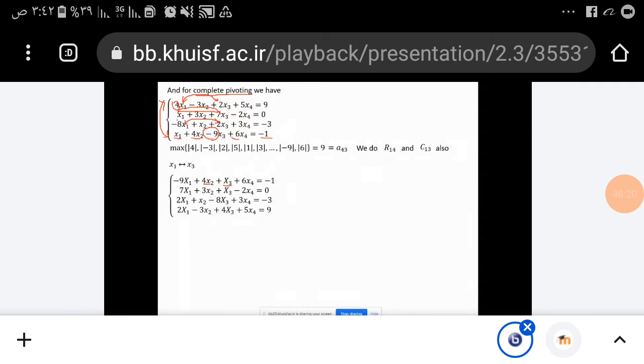And finally, the fourth row, that is the first row, they are commuted. So 2 x3 changes with 2 x1, -3 x2, 4 x4 with 4 x1, changed to 4 x3 big plus 5 x4 equals 9.